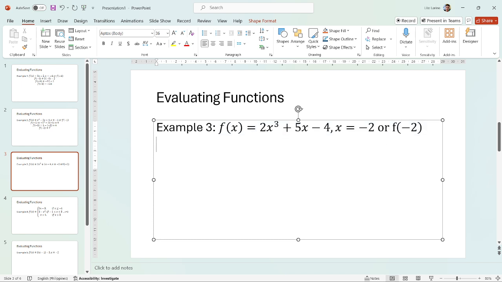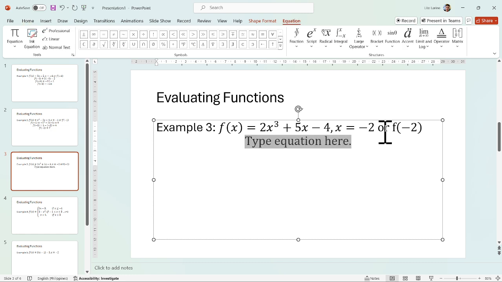Again, we substitute in our function: f of negative 2 equals 2 times, we enclose this in parentheses, negative 2 cubed plus 5 times the value of x, which is again negative 2, minus 4.